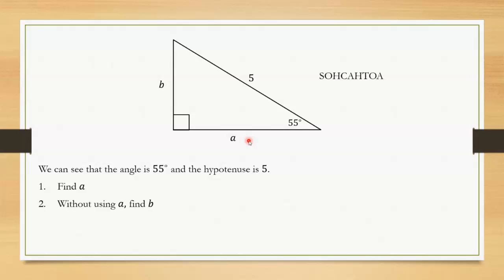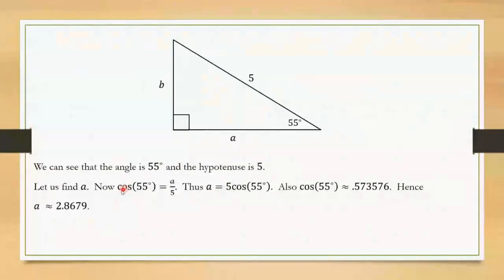A, in other words, is the side adjacent to the angle. B is the opposite side, so we have adjacent over hypotenuse. What trig function do we use? Adjacent hypotenuse. Let's use cosine. Cosine. So for A, we have cosine of the angle is A divided by 5.